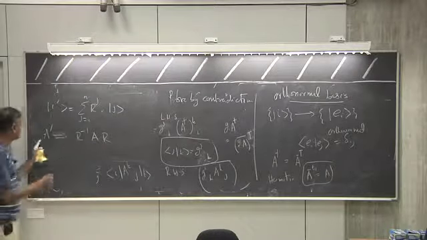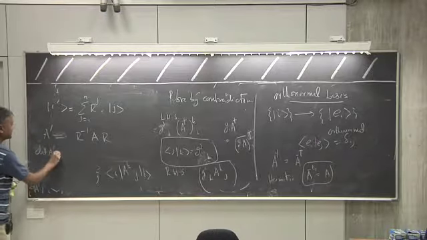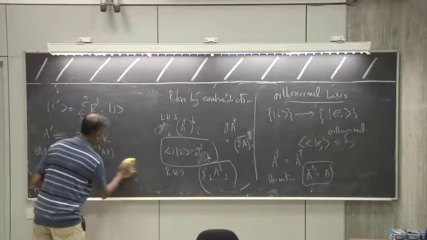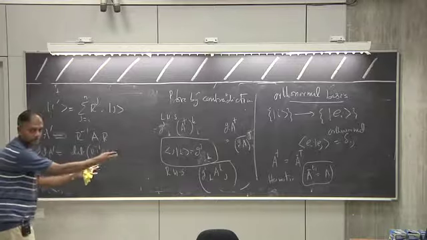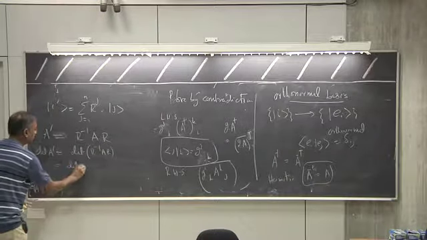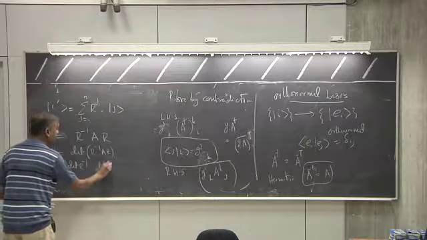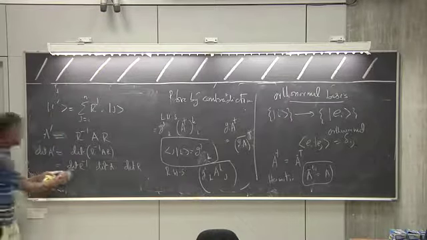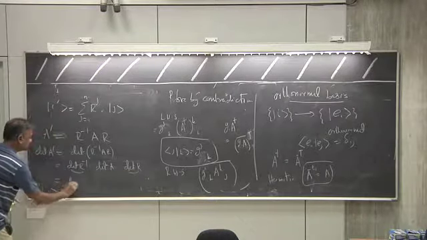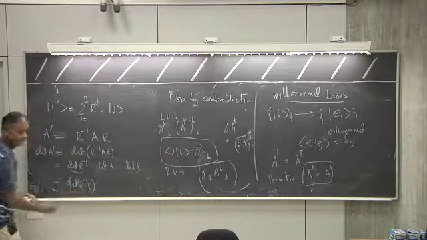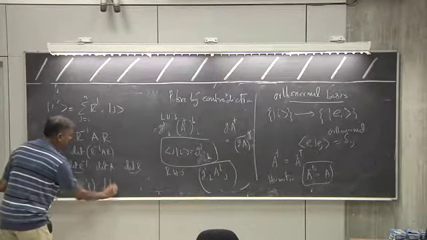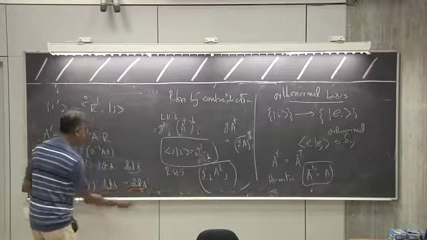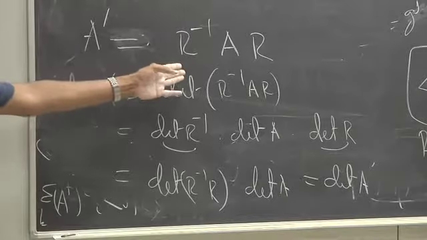So let's look at the determinant of A prime. That's the same as the determinant of R inverse AR, which by the product rule for determinants is simply determinant of R inverse, determinant of A, and determinant of R. Combining these, that's the determinant of R inverse R times determinant of A, but R inverse R is the identity matrix, so this is 1, and this is the same as determinant of A. So the important property is that the determinant of A doesn't change even when you change the basis.